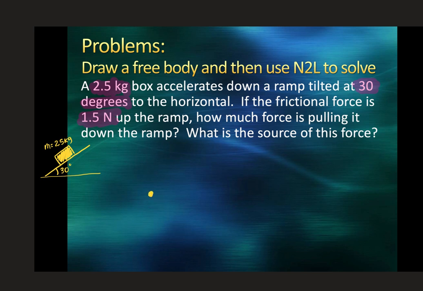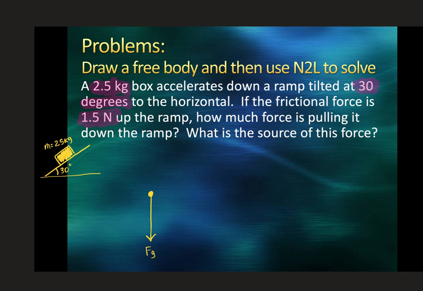I'm going to have my dot there to represent the box. Field forces first, so gravity. I am not going to use the Feeler Dealer notation. I think it's easier for you to see if I don't do that on these, but you should be using that.